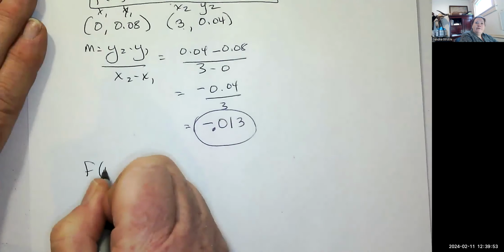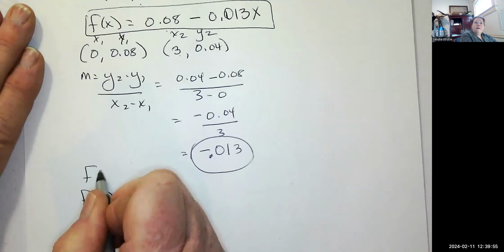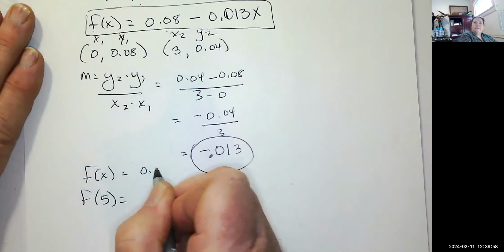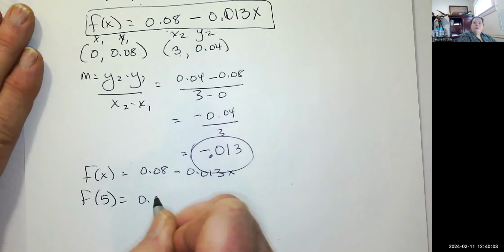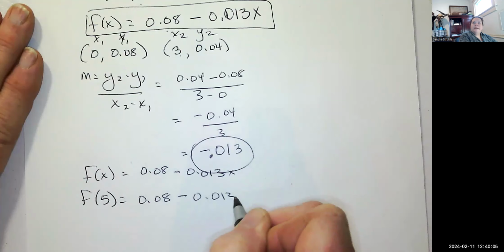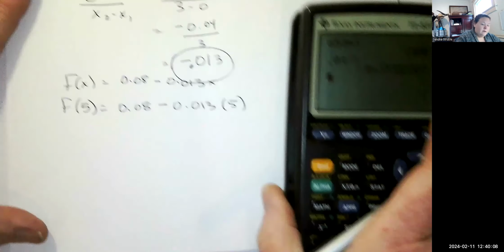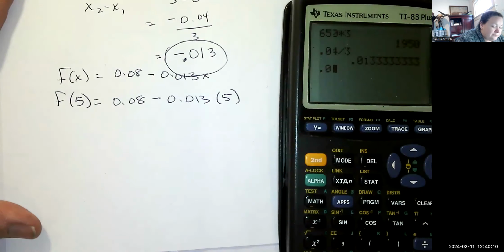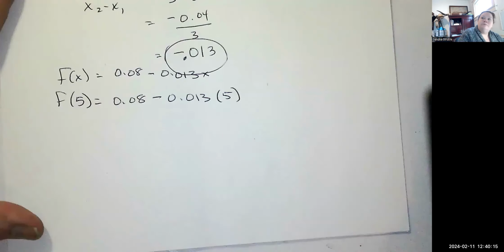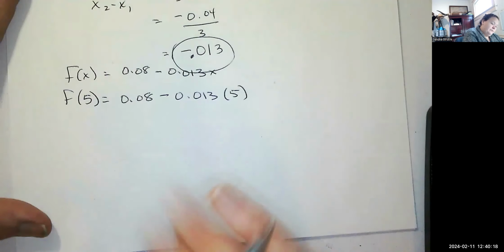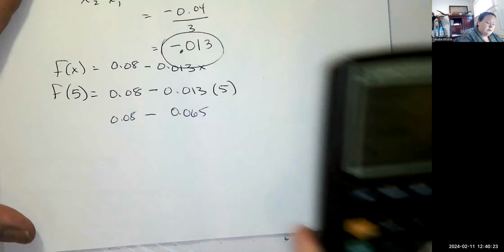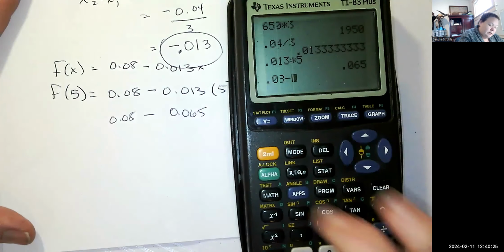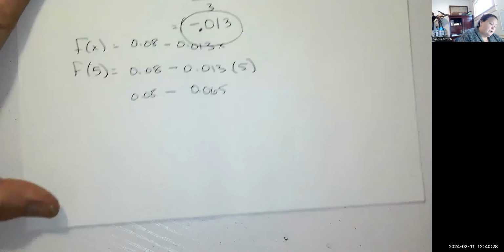So F of 5, I'm plugging 5 into my X, and I get 0.08 minus 0.013 times 5. 0.013 times 5 is 0.065, and 0.08 minus that is 0.015.